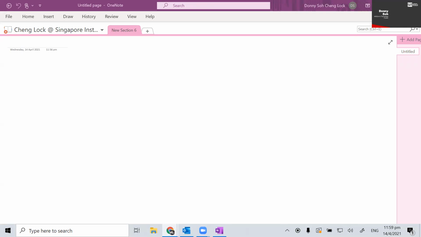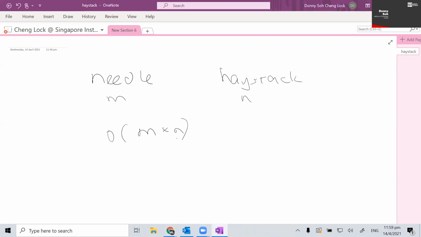If I'm looking for a needle in the haystack, and my needle has length m and my haystack has length n, the brute force algorithm gives us n times m, kind of. So we first started off with that.